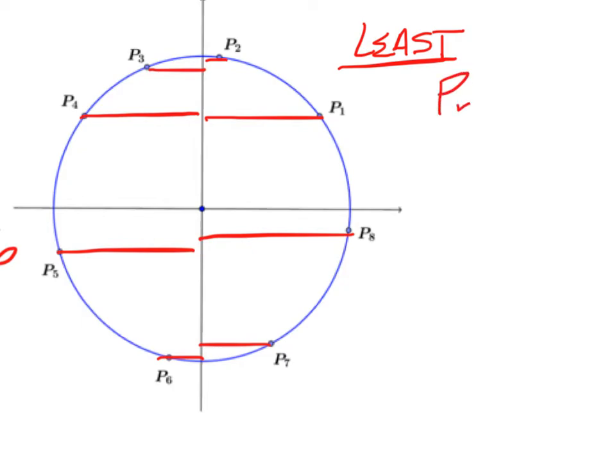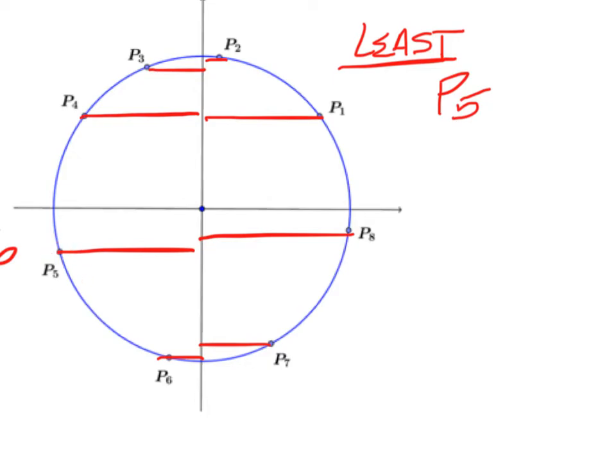P5 is the least. It is clear out here, and remember these values are what? Negative, and this one is the furthest out. So P5 has the least value for a co-height. What is the next one?